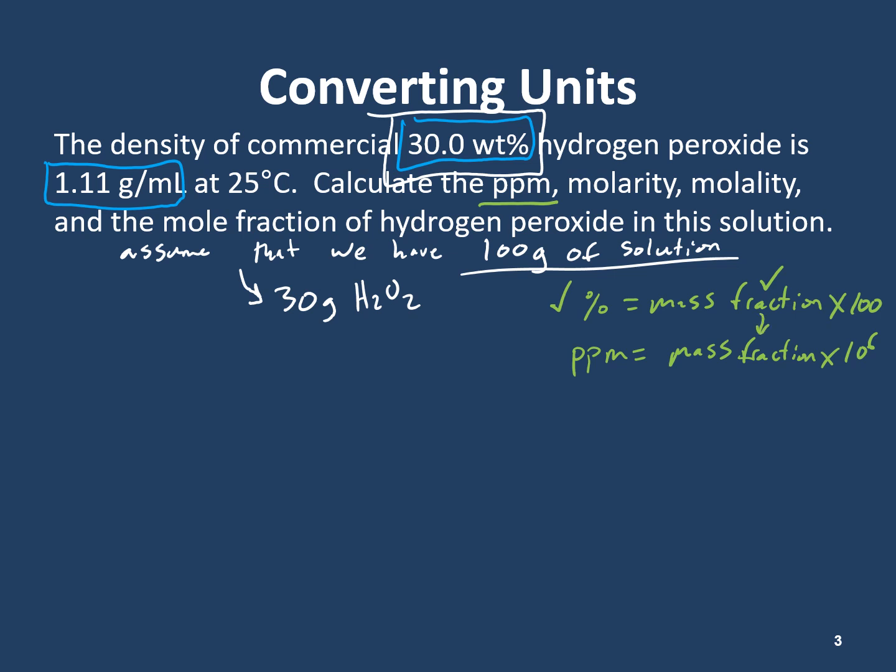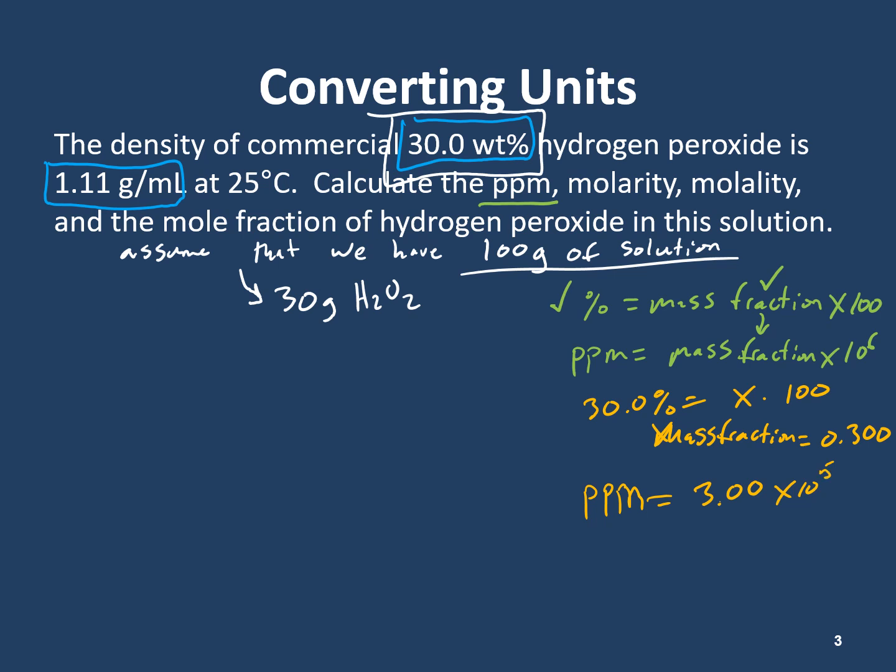So for instance, I know 30% is my mass percent. This is equal to x times 100, or in other words, our mass fraction equals 0.300. If I then take this and multiply by 1,000,000, my parts per million concentration here would be 3.00 times 10 to the 5 ppm.